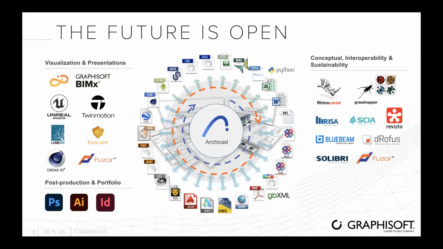We'll obviously talk about some of them, such as Twinmotion, Unreal Engine, Rhino, and Grasshopper. Lately, we've implemented new workflows with RISA and SAF, which I'm going to talk about. We've also introduced Python inside of our ecosystem.